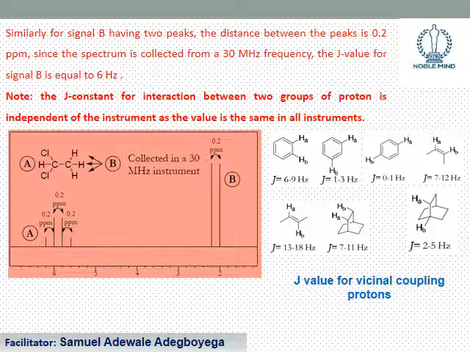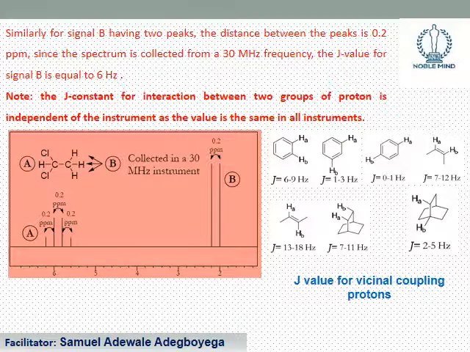Let's look at some structures. On this benzene ring, you have protons A and B on ortho position to each other. If we are considering signal A, HB is on ortho position.